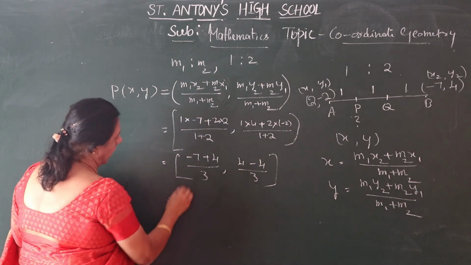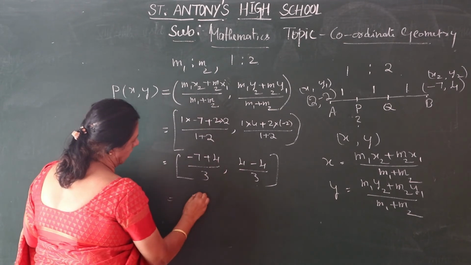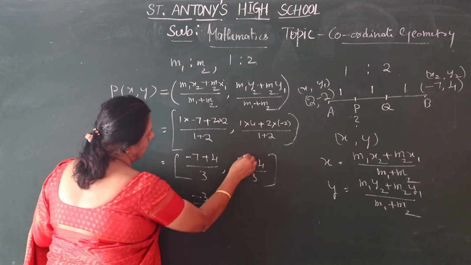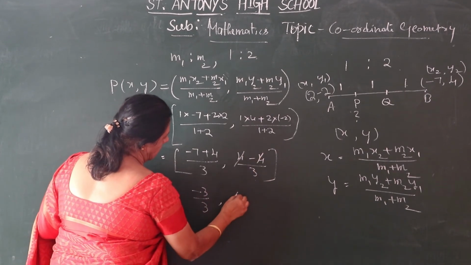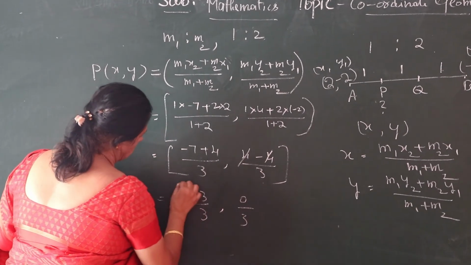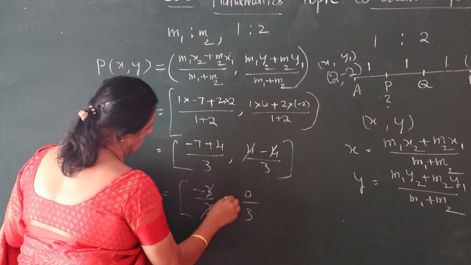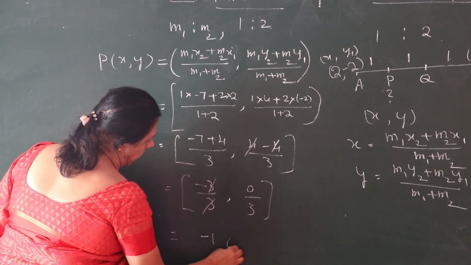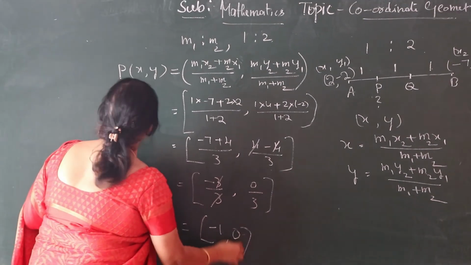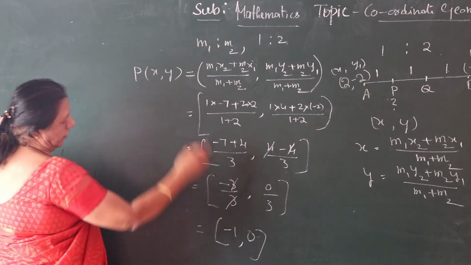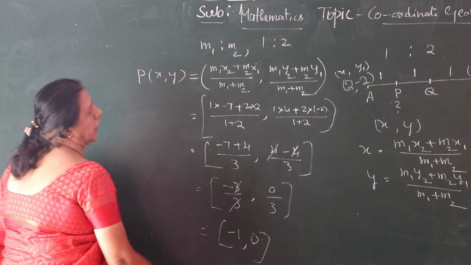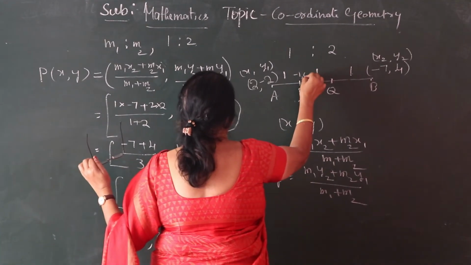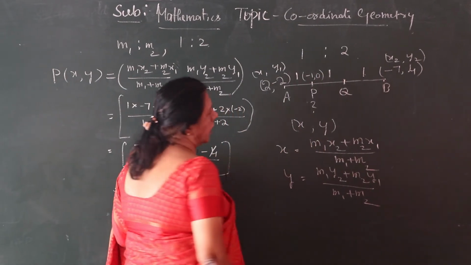So -3 by 3, comma 0 by 3. The P coordinates x and y are -1 and 0. Got it, children?